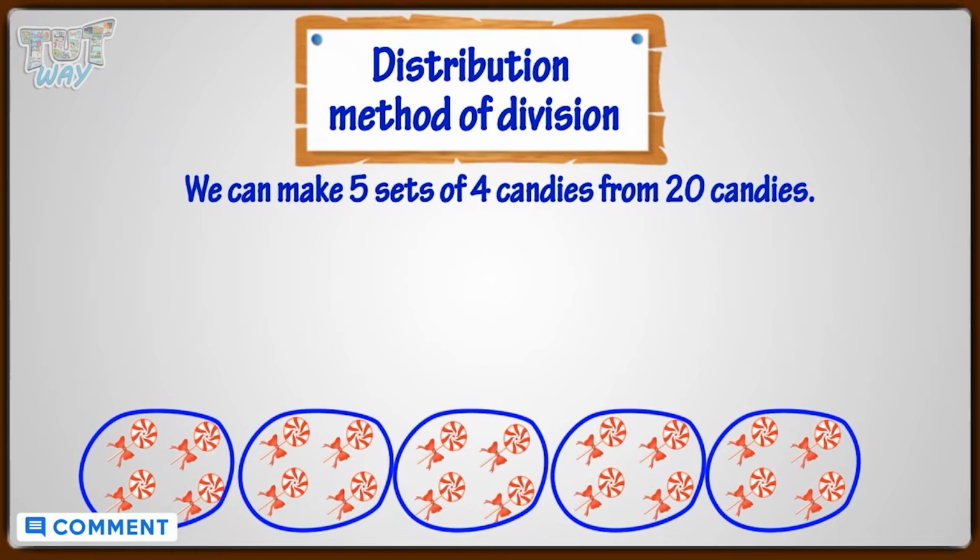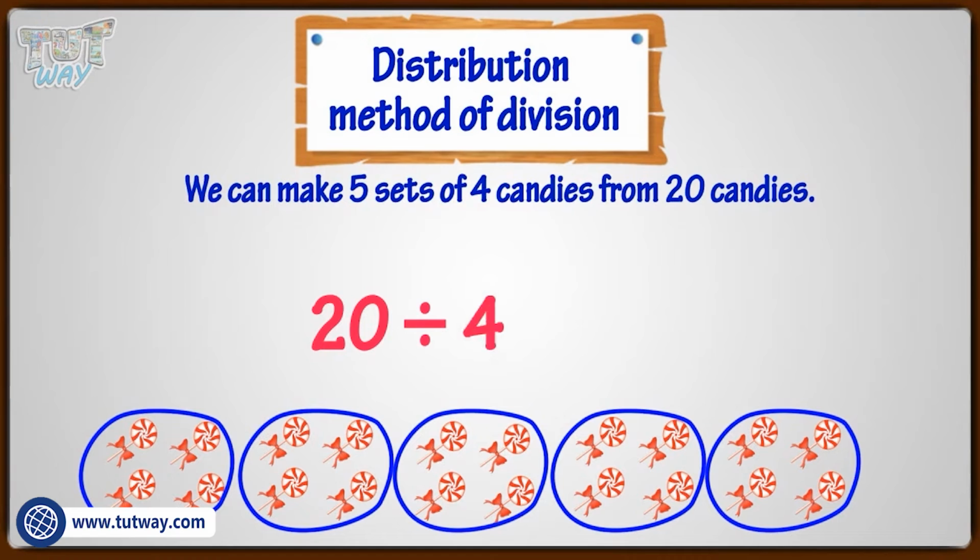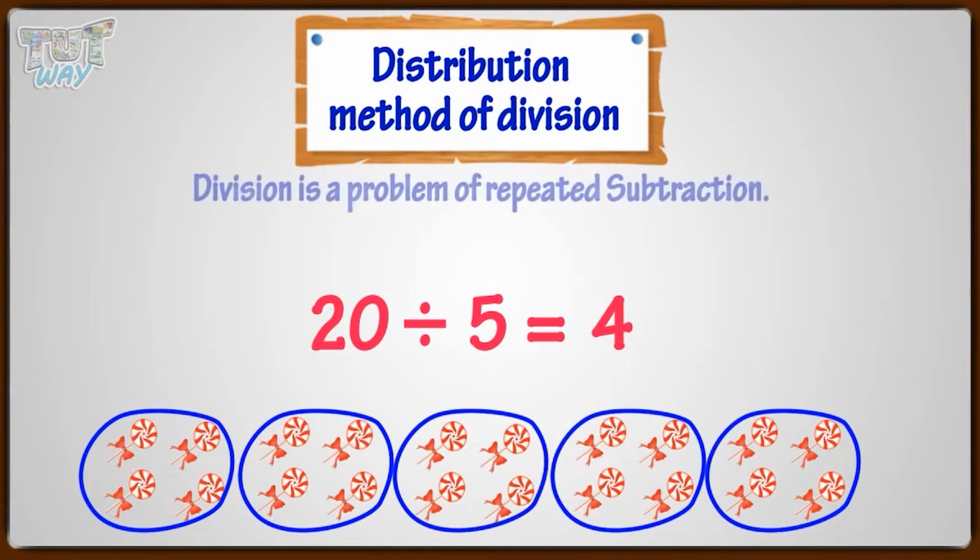We say it as 20 divided by 4 equals 5. Also, 20 divided by 5 equals 4. So division is a problem of repeated subtraction. Let's learn division in another way.